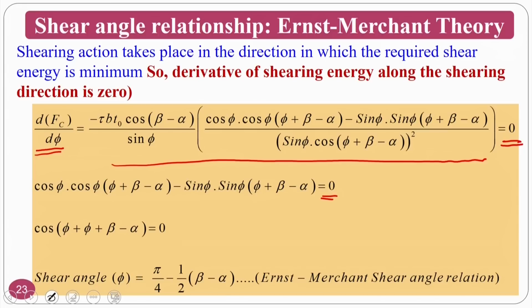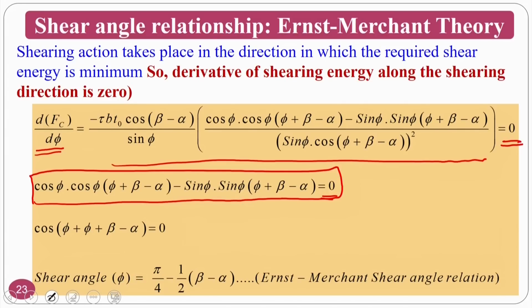From the cos equation, you will get cos of 2 phi plus beta minus alpha equal to 0. Normally when cos of an angle is 0, the angle is pi by 2. So that means 2 phi plus beta minus alpha equals pi by 2.